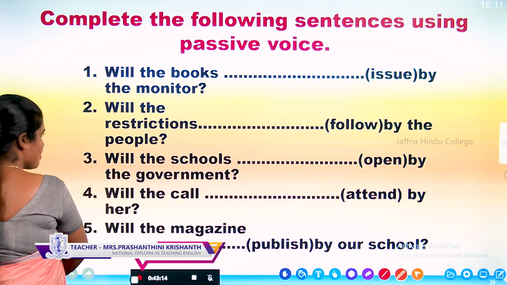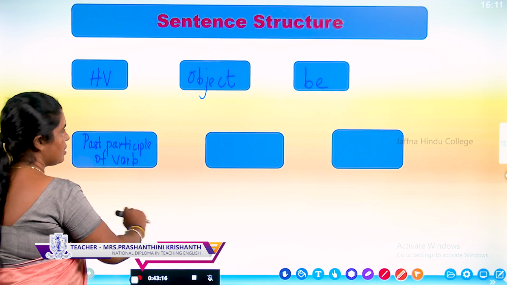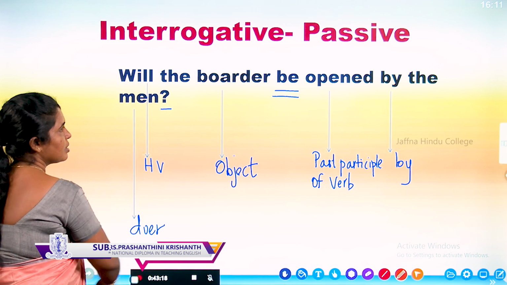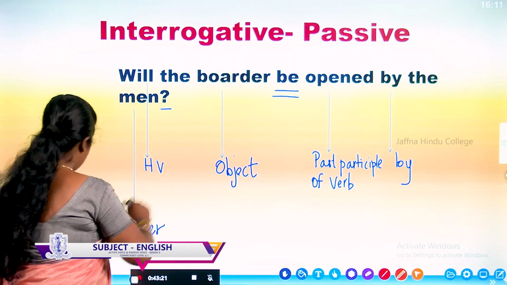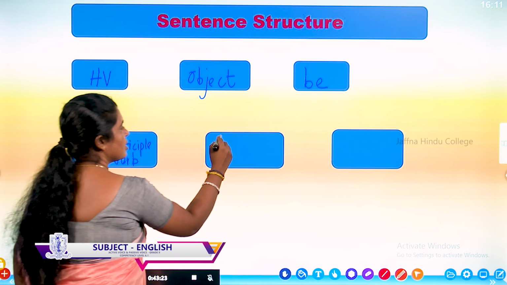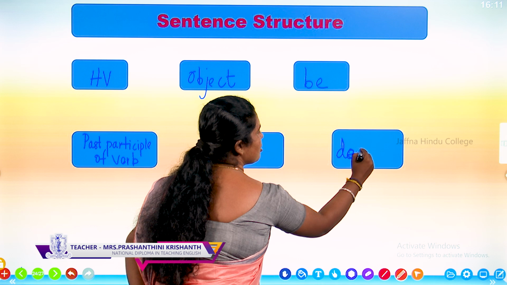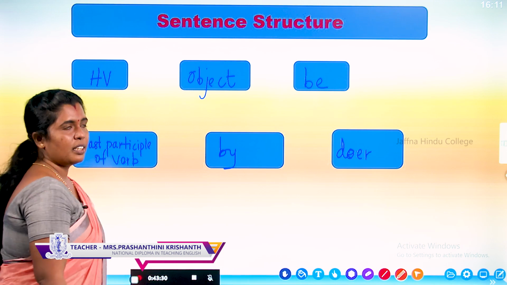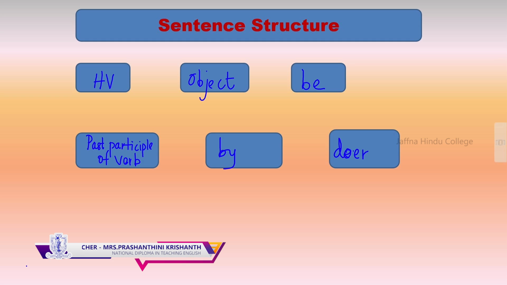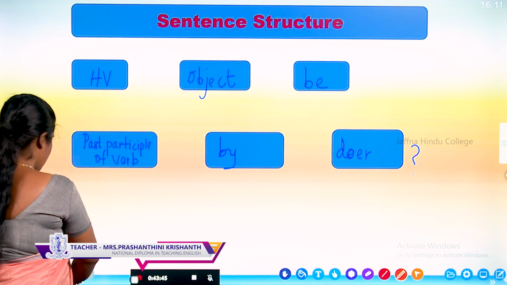Next, what will come? See, by. Finally, doer, right? So, helping verb, after that object, then be, past participle of verb, by, finally doer. Don't forget the question mark, right?